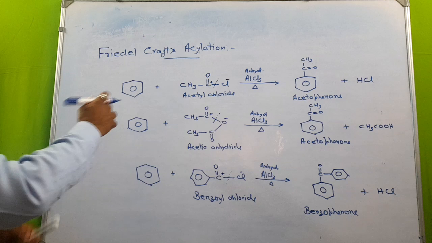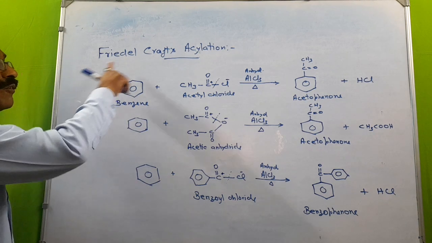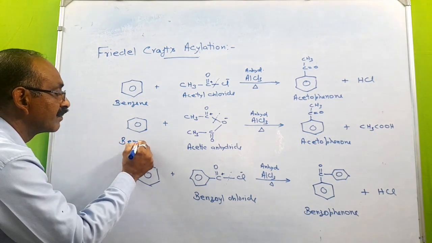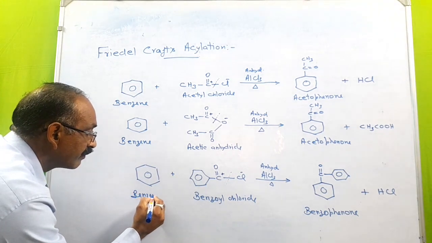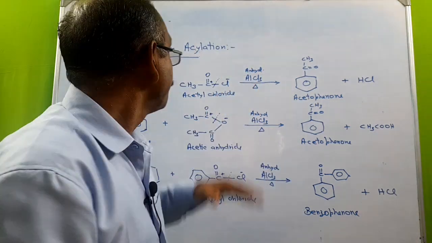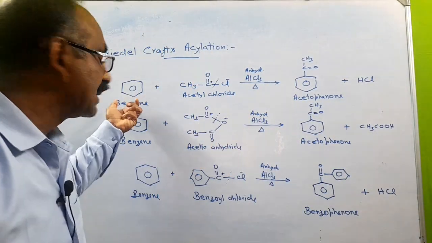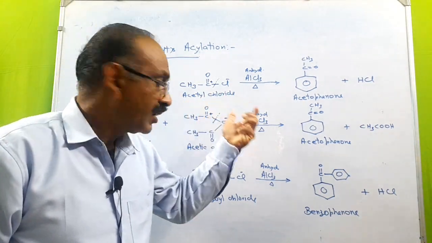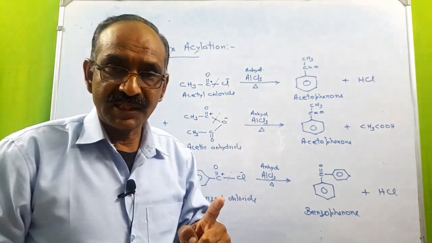So this is the Friedel Craft acetylation. So in this way we may write the reaction. Remember, in Friedel Craft acetylation or acylation, benzene or other arenes react with acid chloride or acid anhydride in presence of anhydrous AlCl3.